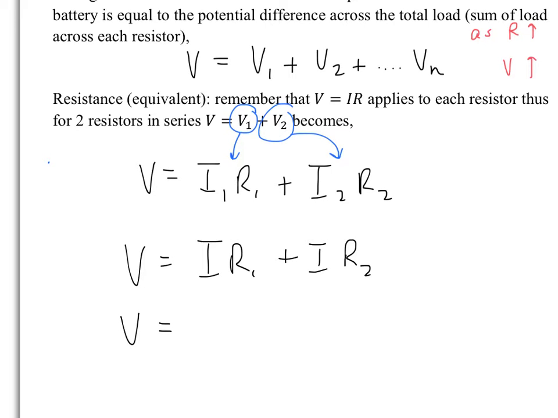When you take something out front, you call it... If you have a quadratic and you write it as x plus 2x minus 7, what is that called? Factoring it out. Thank you. We need to know our words, guys. Factor out an I. Okay, factor out an I, giving you the following statement.